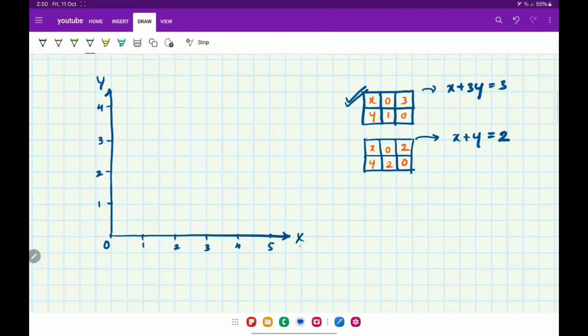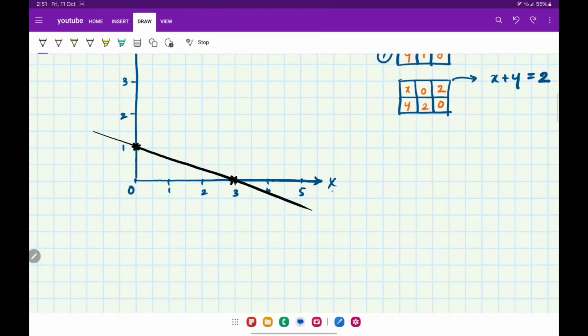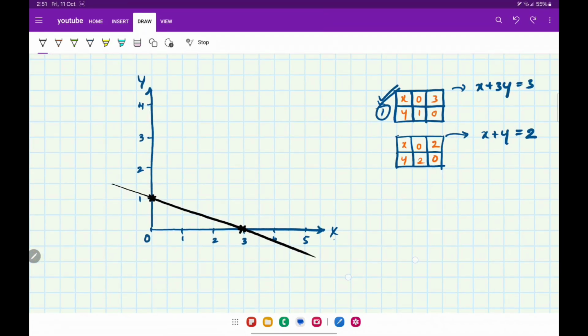So let's plot the first one. That is, we have 0, 1 as the first point and 3, 0 as the second point. The first point, 0, 1, we get here. Next we have 3, 0 which is this one. So now join these 2 points to form a line. So this is the graph for the first constraint.